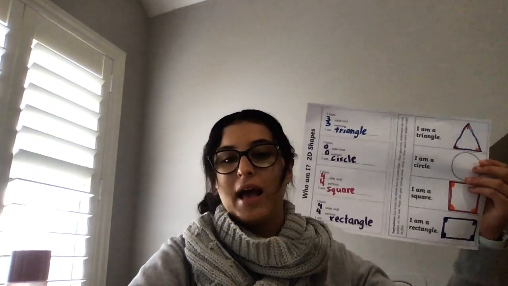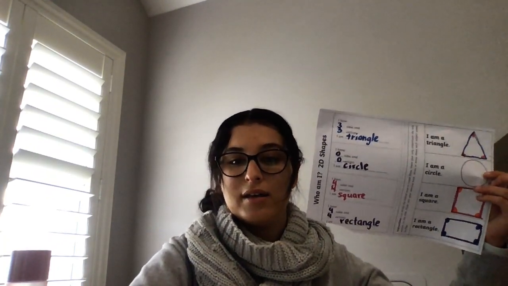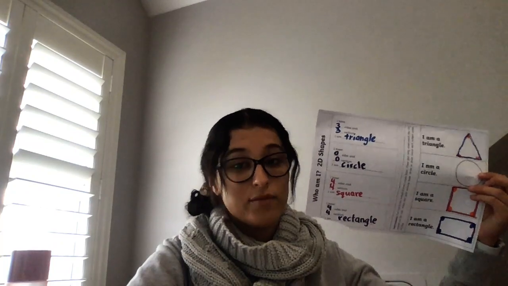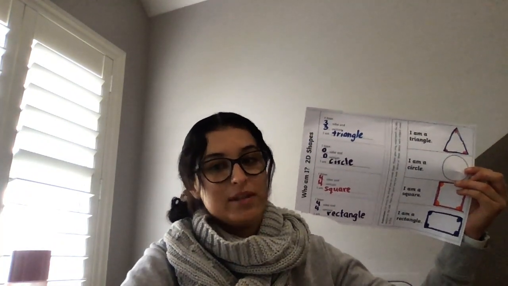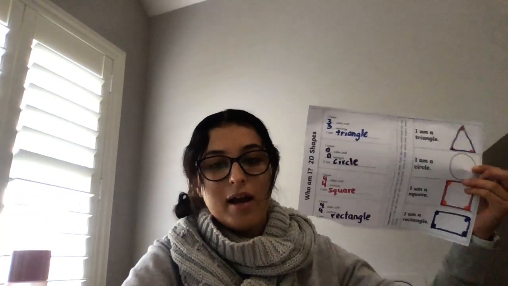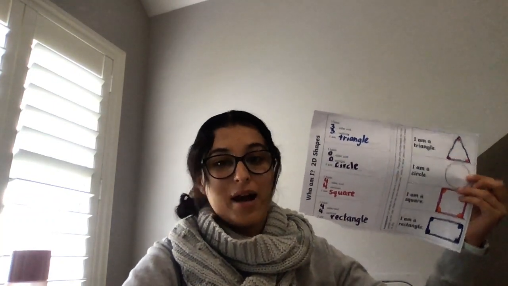Okay, so hopefully now you have had time to fill out your sheet, telling me how many sides and how many vertices or corners your shape has, and also naming the shape. Okay, now we're going to do some cutting.